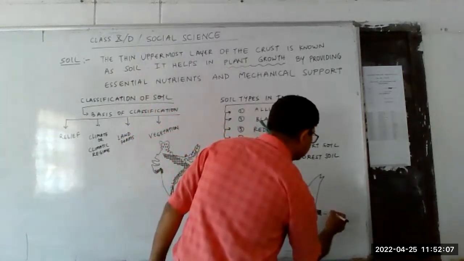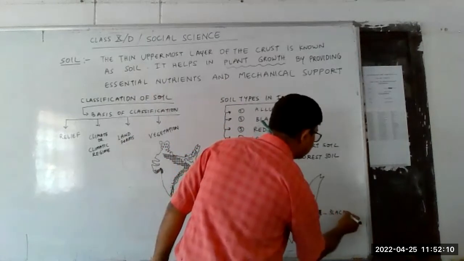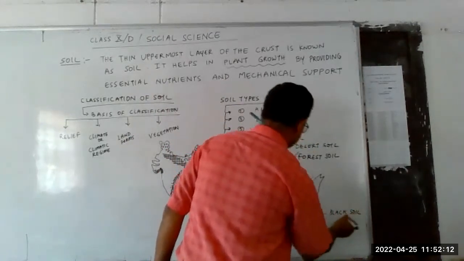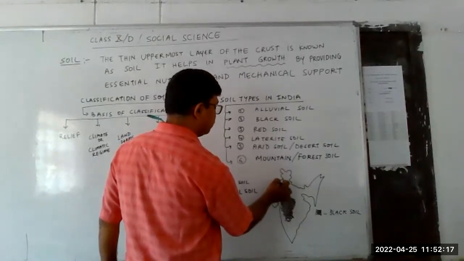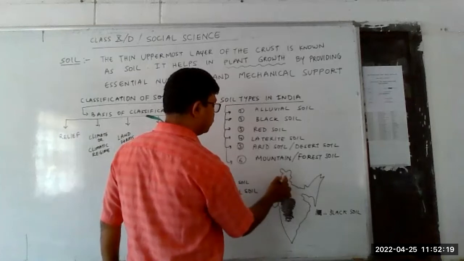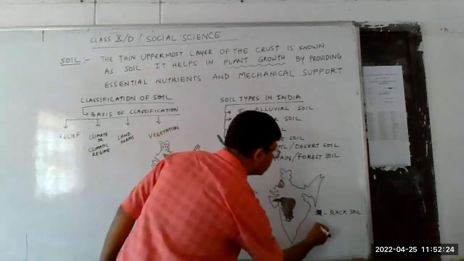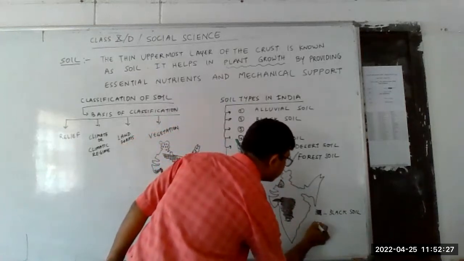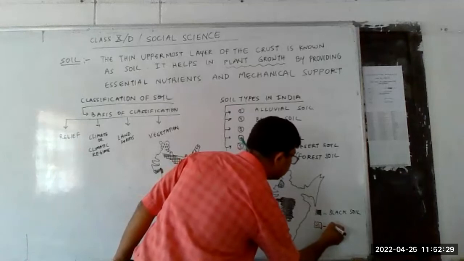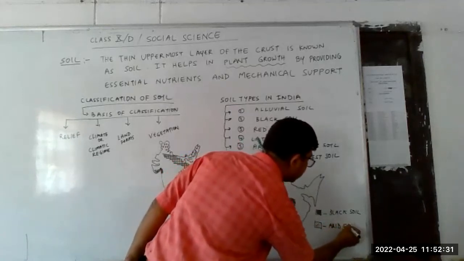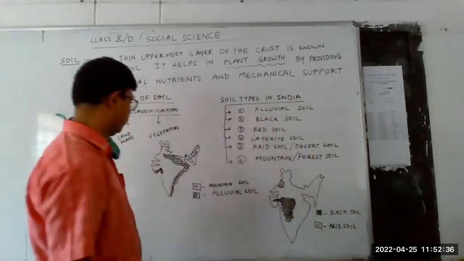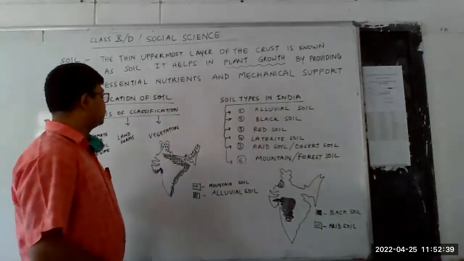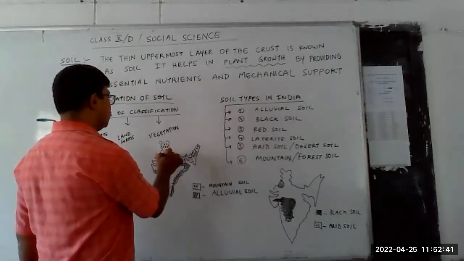So here in this map, who can tell me what soil I am showing here? Arid soil.